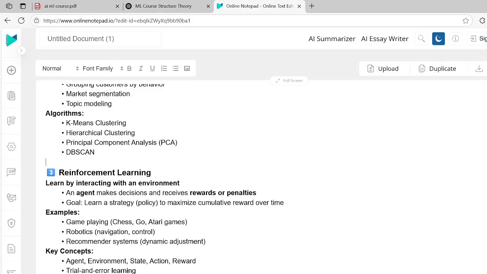Now some key concepts: agent, environment, state, action, reward, trial and error learning, delayed rewards, and long-term planning. So I think these are pretty self-explanatory, but I thought I'd just mention them so it makes clear to you what reinforcement learning is.